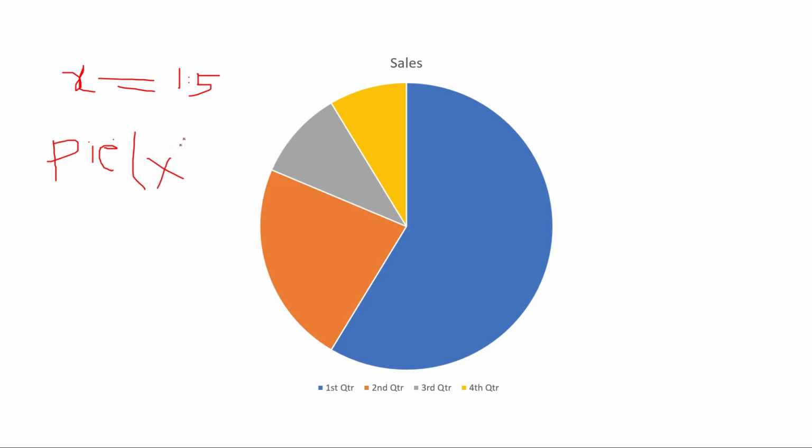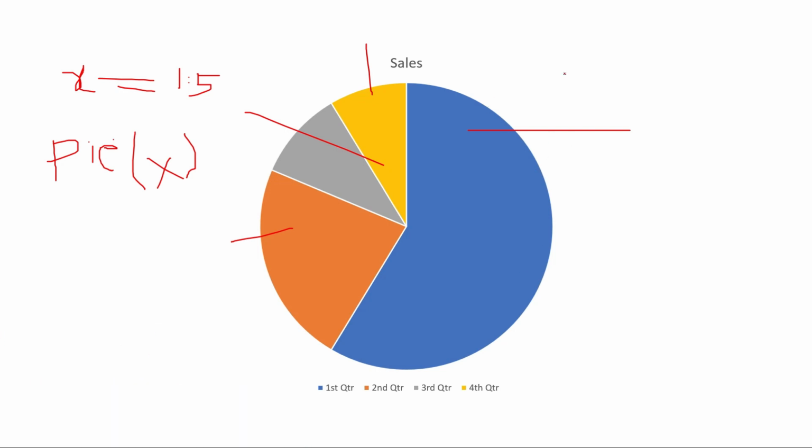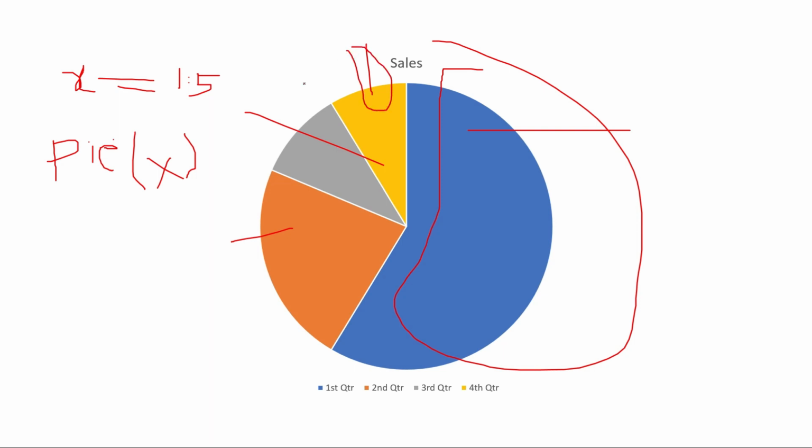When I use pie of x, it divides each part according to the percentage. One thing you notice is how this is divided: this is a big part and the remaining are small parts. It is divided automatically. Everything is there in itself.